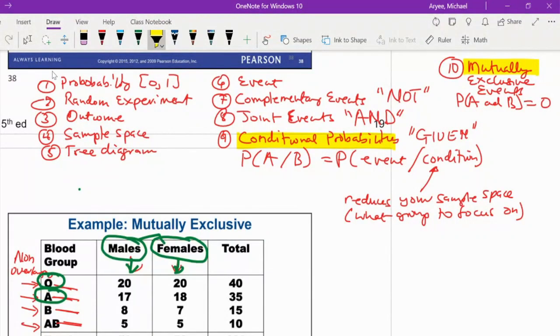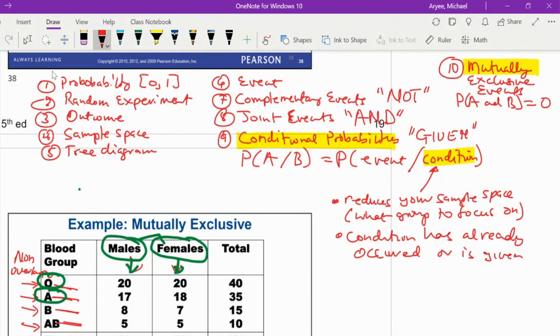In conditional probability, we say that at least one event has already occurred. So usually the condition has already occurred, right? So here, the condition has already occurred, or is given.